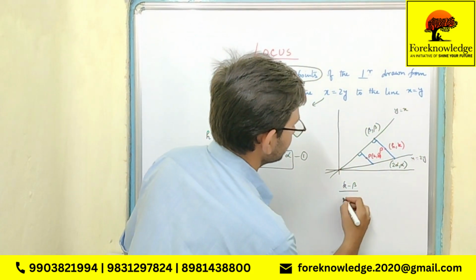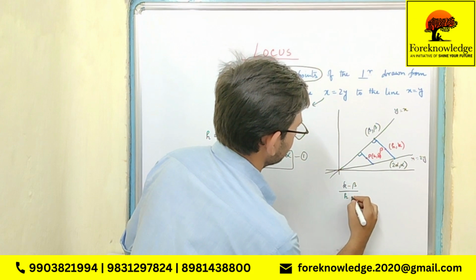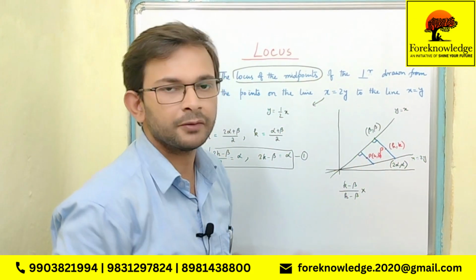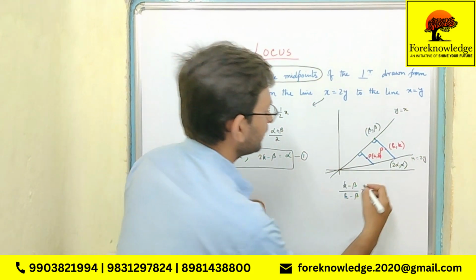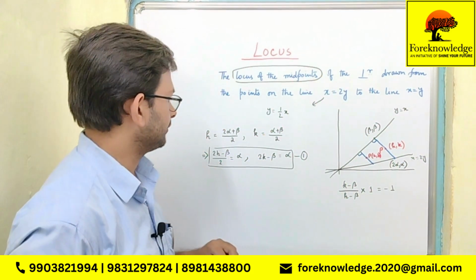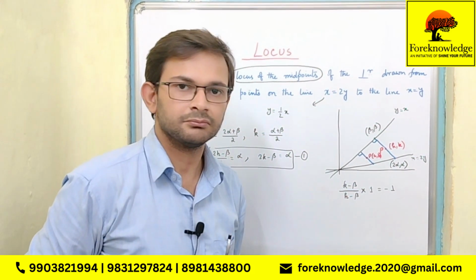So k minus beta by h minus beta, into the slope of y equal to x, which is 1, equals minus 1.